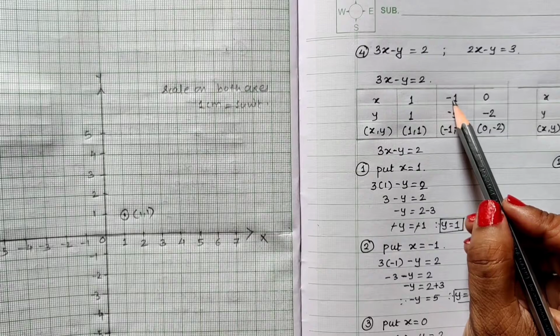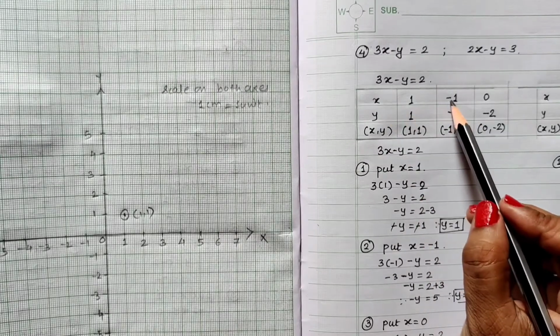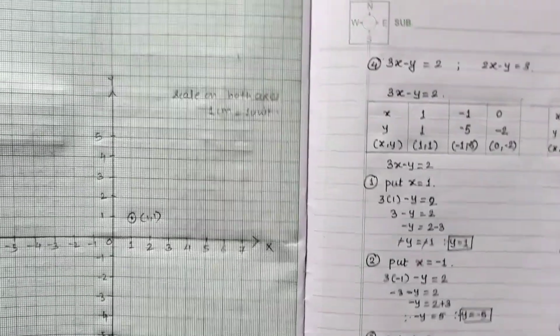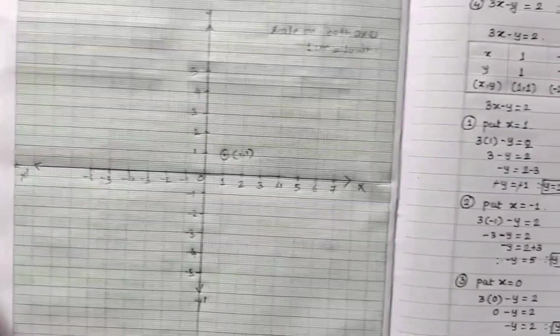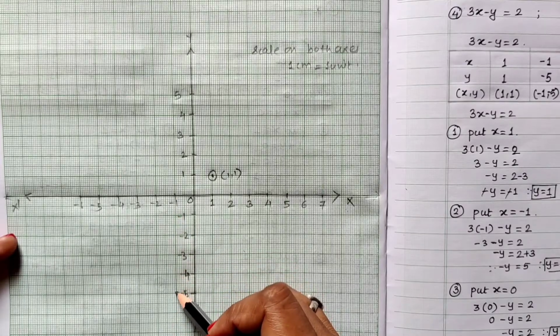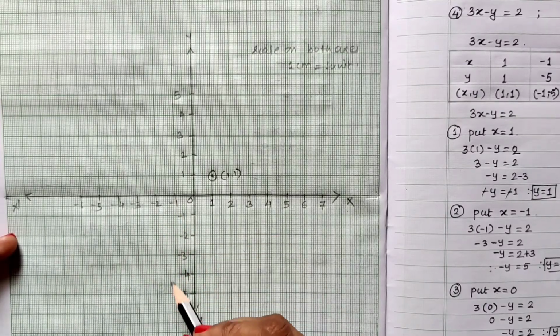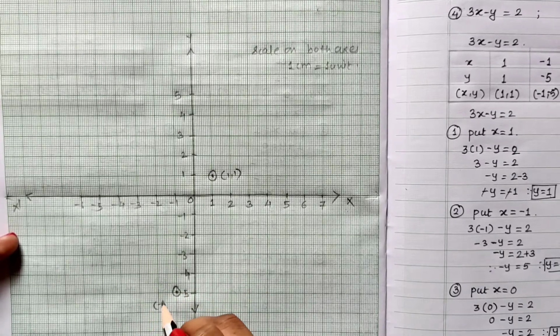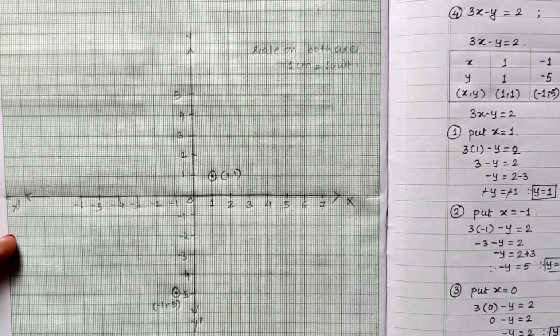So we have to take from the x-axis at minus 1, we will go till minus 5 on the y-axis. So minus 1 means on the left hand side, we go till minus 5 on the y-axis, that means in the downward direction. So here it is, minus 1, minus 5.